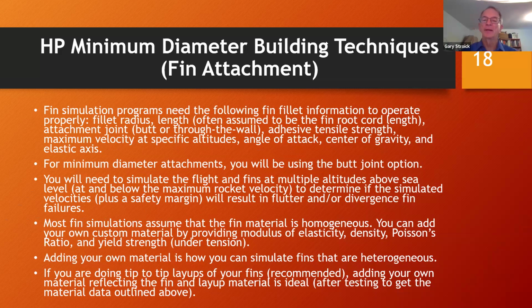If you look at carbon fiber or fiberglass, it's also not a homogeneous material like a metal, aluminum for instance, or some metal that's homogeneous.